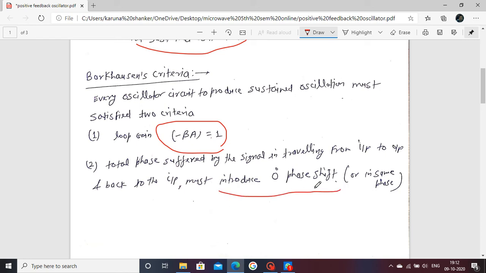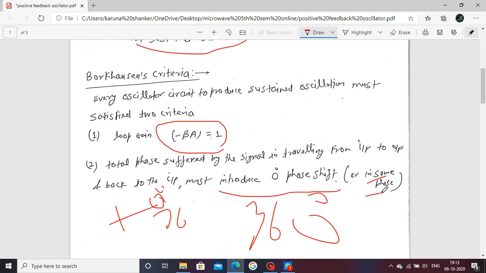Zero phase shift is also called a 360 degree phase shift, because on the coordinate axes 0 degrees and 360 degrees coincide. The overall conclusion is that the total phase shift is zero, or the signal traveling from input to output and back to input comes back in the same phase as the input. If these two criteria are followed, then your oscillator produces a sustained oscillation.